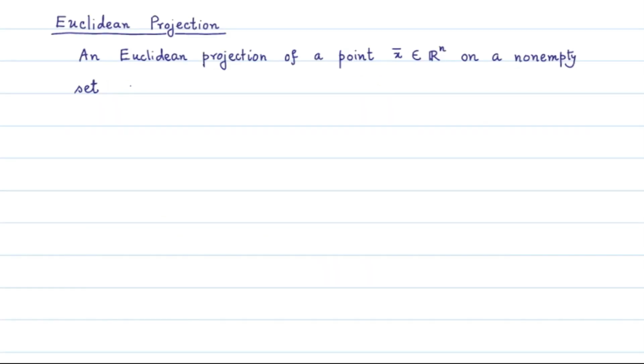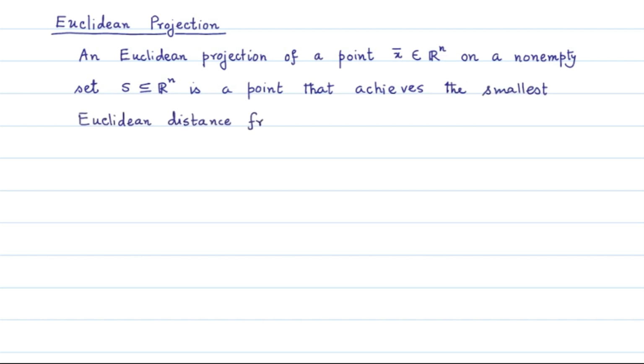A Euclidean projection of a point x bar on a non-empty set capital S in Rn is a point that achieves the smallest Euclidean distance from x bar to the set capital S. That is, the Euclidean projection of the point x bar is a solution of the optimization problem: minimize the Euclidean norm of x minus x bar, subject to x lying in the set capital S. Let us execute an example to find a Euclidean projection.